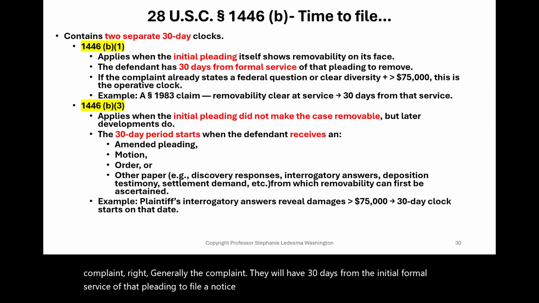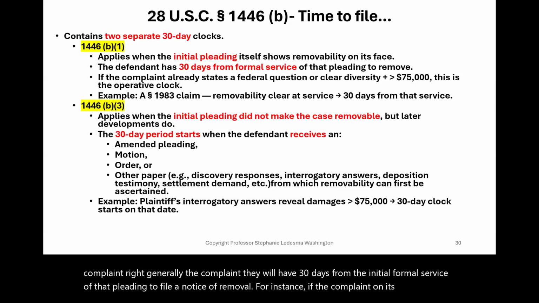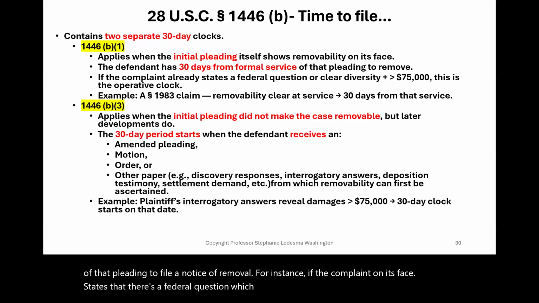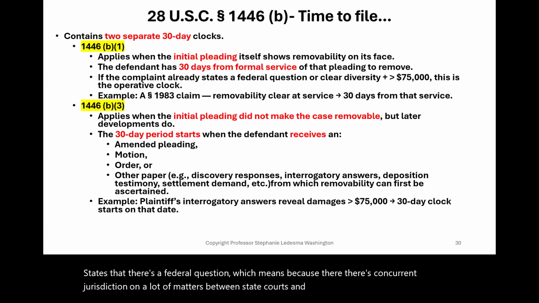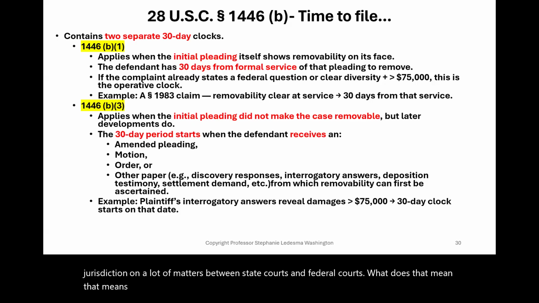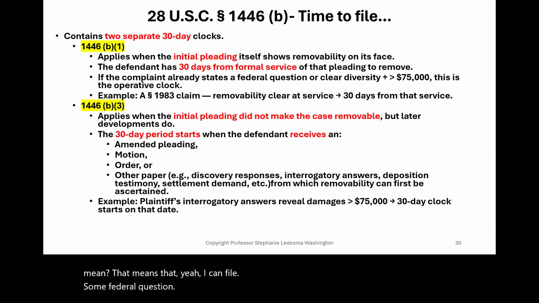of removal. For instance, if the complaint on its face states that there's a federal question, which means, because there's concurrent jurisdiction on a lot of matters between state courts and federal courts. What does that mean? That means that, yeah, I can file some federal question matters in state court. I can file some diversity matters in state court, right? Concurrent jurisdiction.